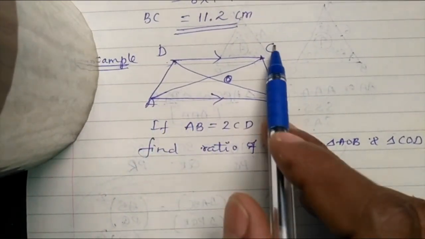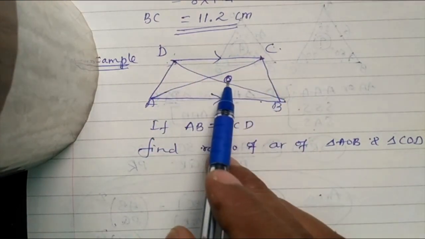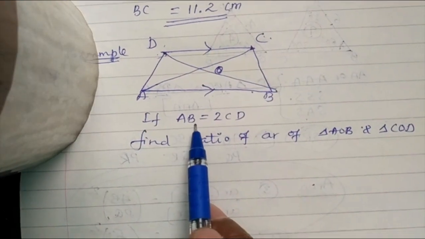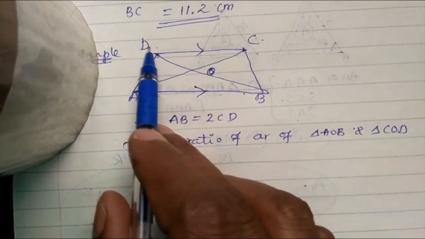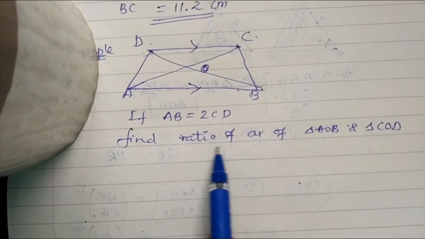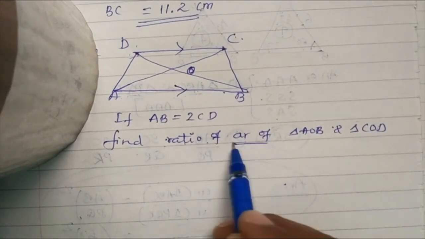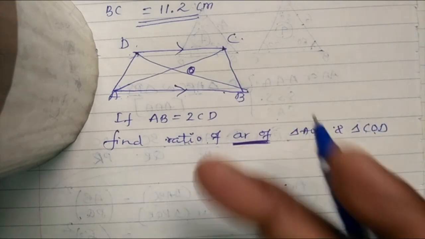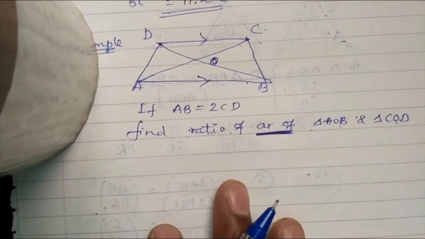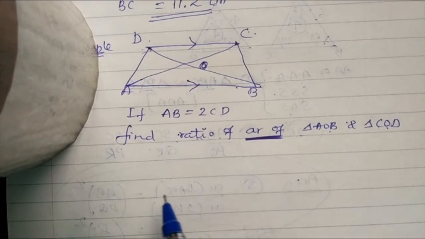If ABCD is a trapezium, in that AB parallel to CD, both the diagonals meet each other at O. One of the clues is AB equal to 2 times CD. This length of AB is 2 times CD length. Find the ratio of areas. When they ask the ratio of areas of two triangles, we go for the area relation between two triangles by using the squaring.